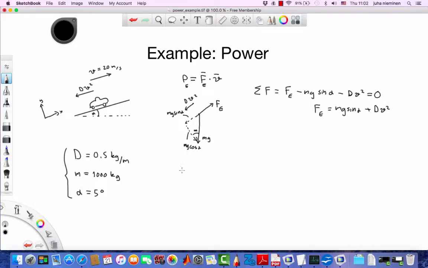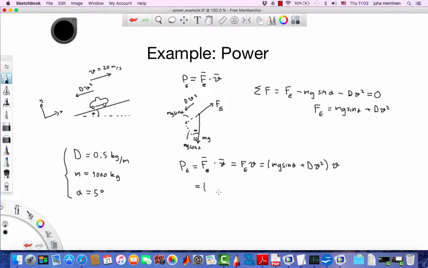And now back to the power. P from the engine is the dot product of Fe and velocity, and because they are both in the same direction along the incline, the dot product is just the product of their magnitudes. So we have mg sine alpha plus dv squared, times v.